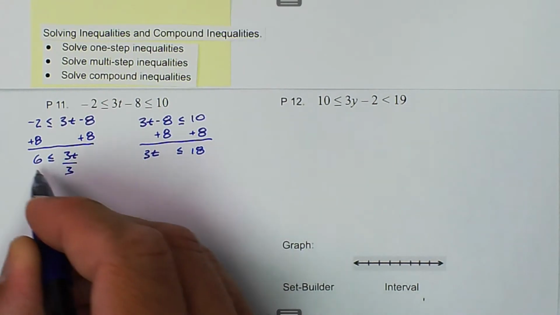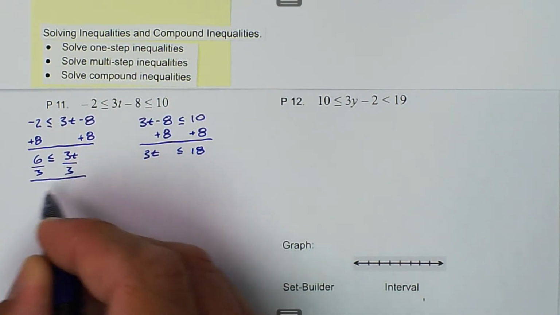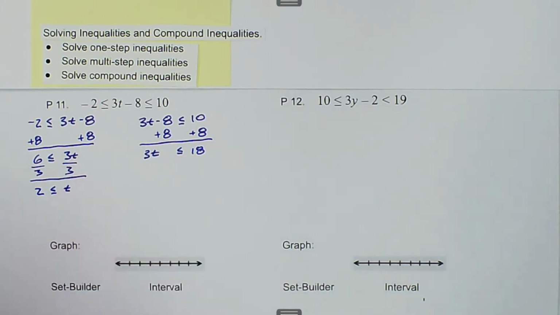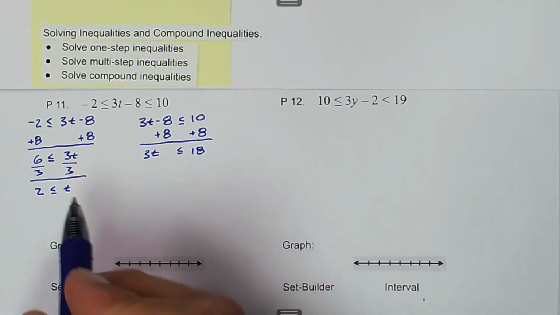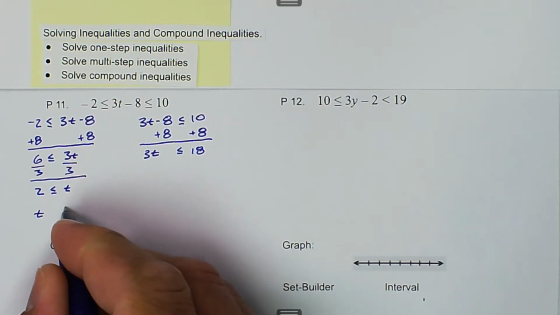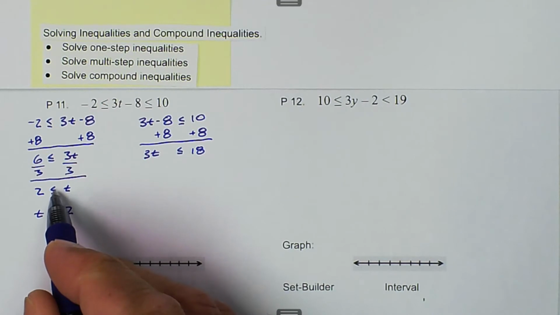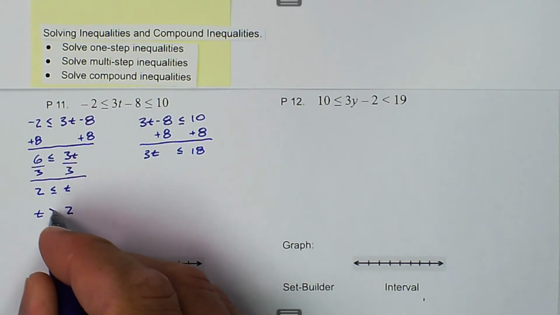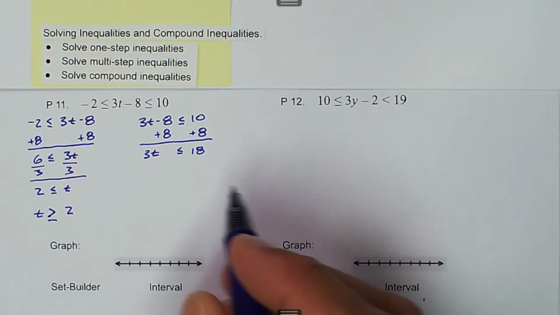Now we can divide by 3, and then we get 2 is less than or equal to t. Variables on the wrong side, so I'm going to switch these two, so t and 2, and I have to make sure that the open part of the arrow points towards t, and the pointy side goes to 2.